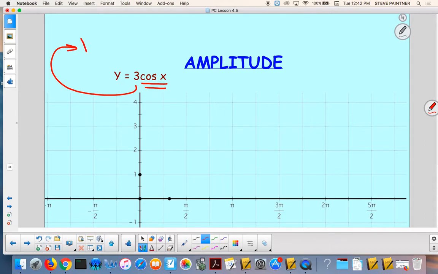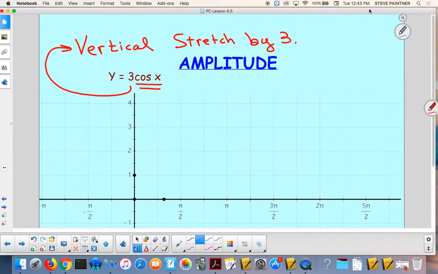It's a vertical stretch, because it's in front, by 3. That's all it's been all year. So if you could just quick sketch your parent and then stretch it by 3, you have it.